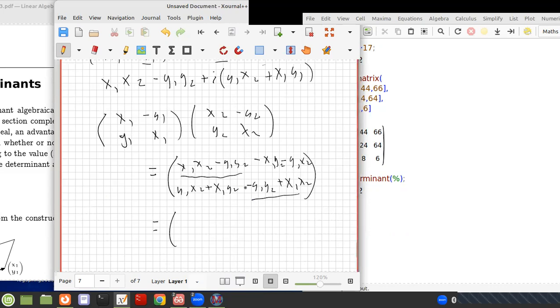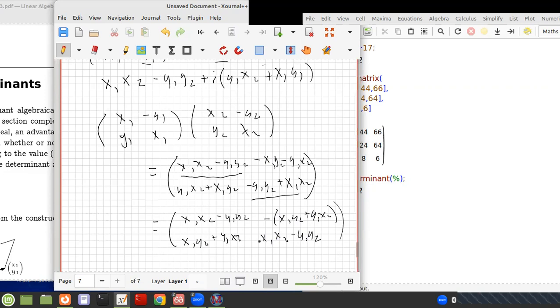This one is x1 x2 minus y1 y2, and down here, x1 x2 minus y1 y2, and minus (x1 y2 plus y1 x2), and x1 y2 plus y1 x2.